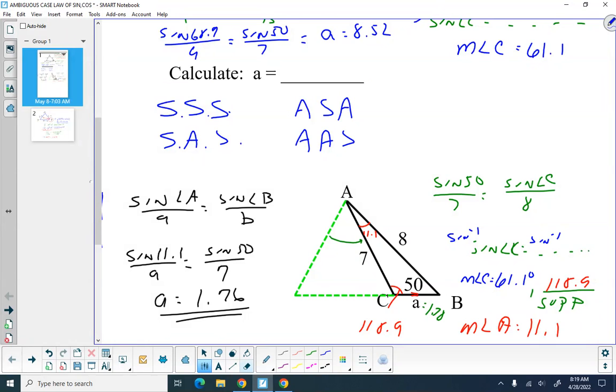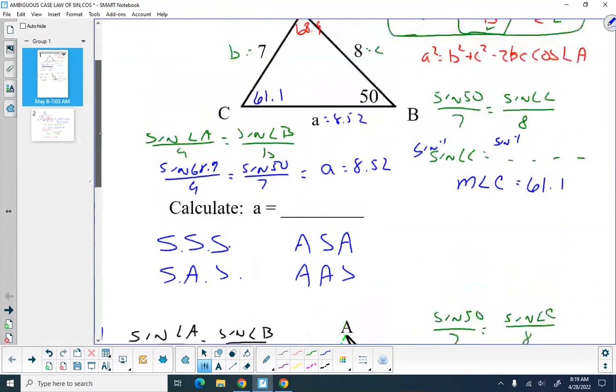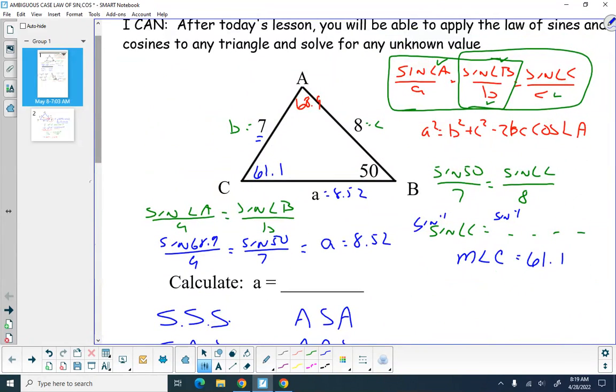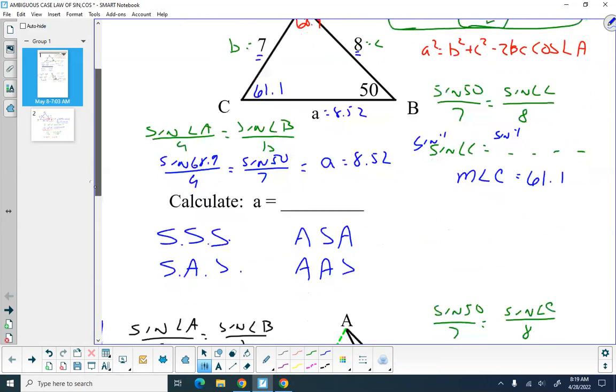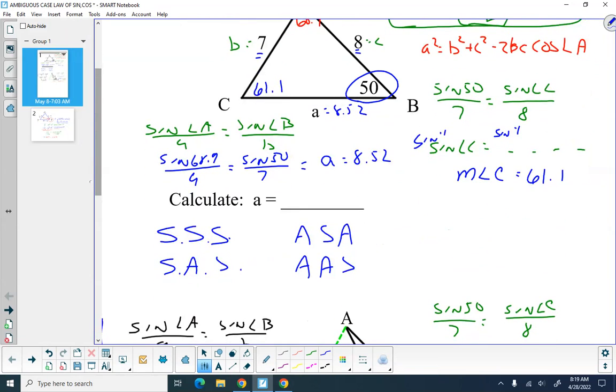If two angles and the non-included side of one triangle are congruent to two angles and the non-included side of a second triangle, then the two triangles are congruent. And these are all postulates that you learn in geometry and proving triangles congruent. But what we have here is two sides of one triangle congruent to two sides of a second triangle and a non-included angle.